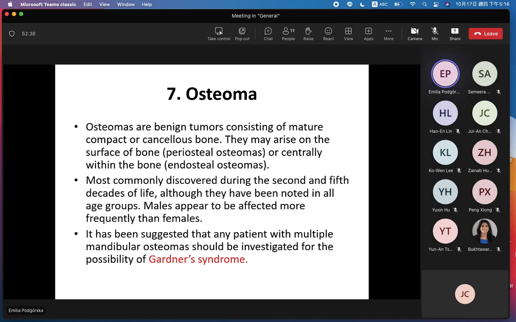Most commonly discovered during the second and fifth decades of life, although they have been noted in all age groups. Males appear to be affected more frequently than females. It has been suggested that any patient with multiple mandibular osteomas should be investigated for possibility of Gardner's syndrome.